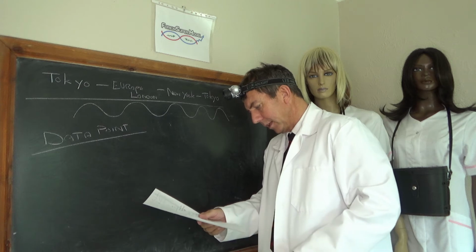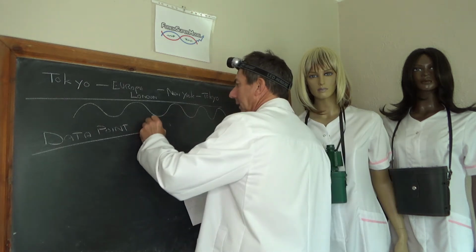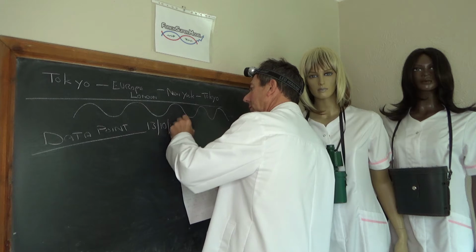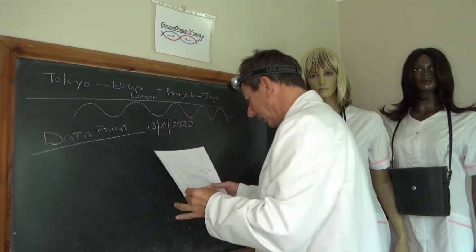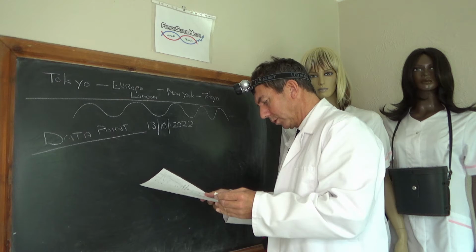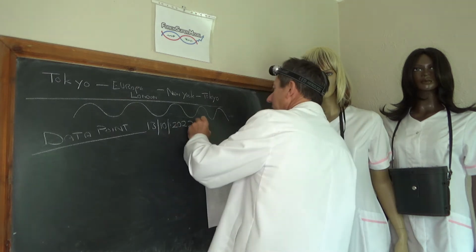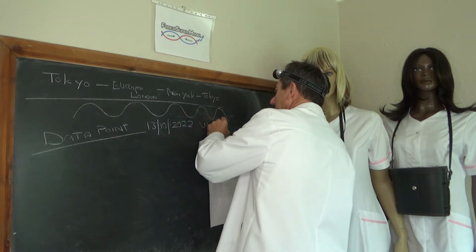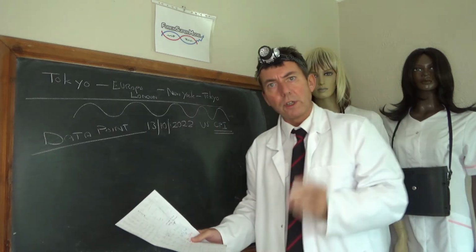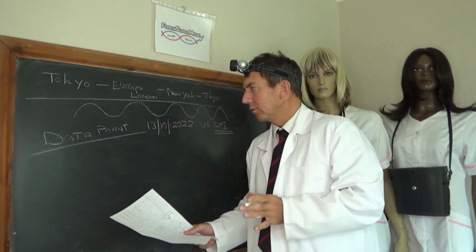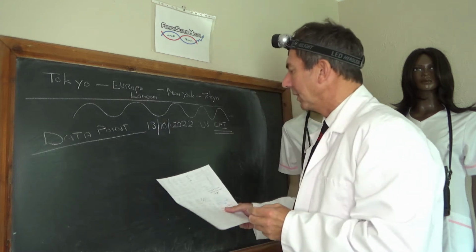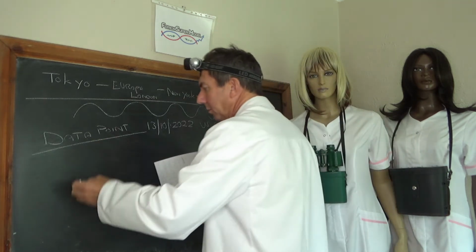Basically, it was the 13th of October 2022, and the data point was US CPI. So you've got some inflation data coming out, and that was the significant trigger for this style of trade. And then you've got 2 situations basically, well, as we said 4, but 2 basically.